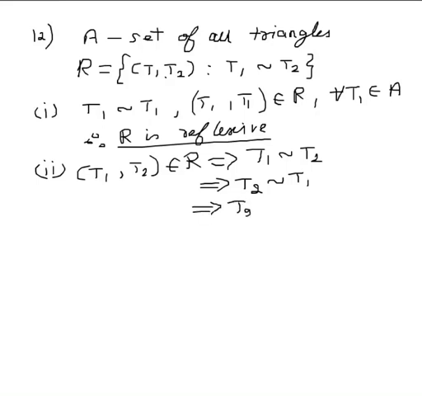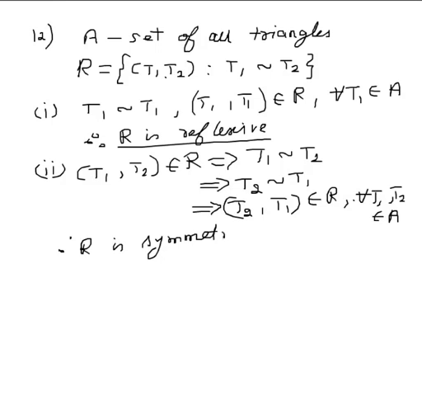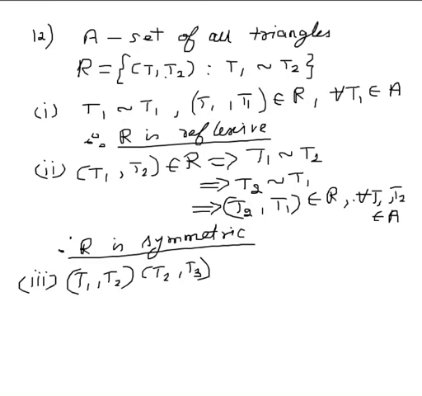Therefore, T2, T1 belongs to R for T1, T2 belonging to the set A. Therefore, R is symmetric. Now the third one, let us take T1, T2 and T2, T3.